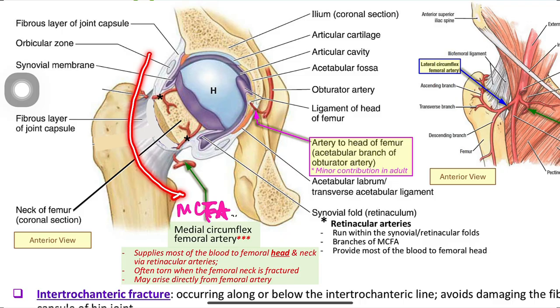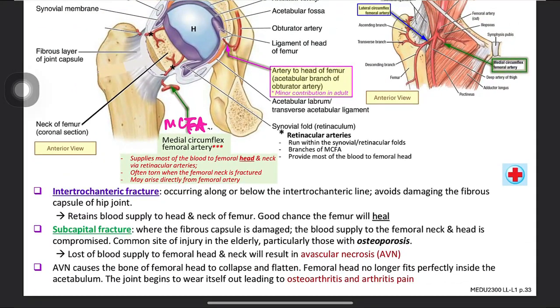So for this intertrochanteric fracture, the blood supply to the head and neck of the femur is retained. So there is a good chance the femur will heal. Probably for this one, you may need to put some pins to help fix it, but you need not replace it with metal inside the joint.